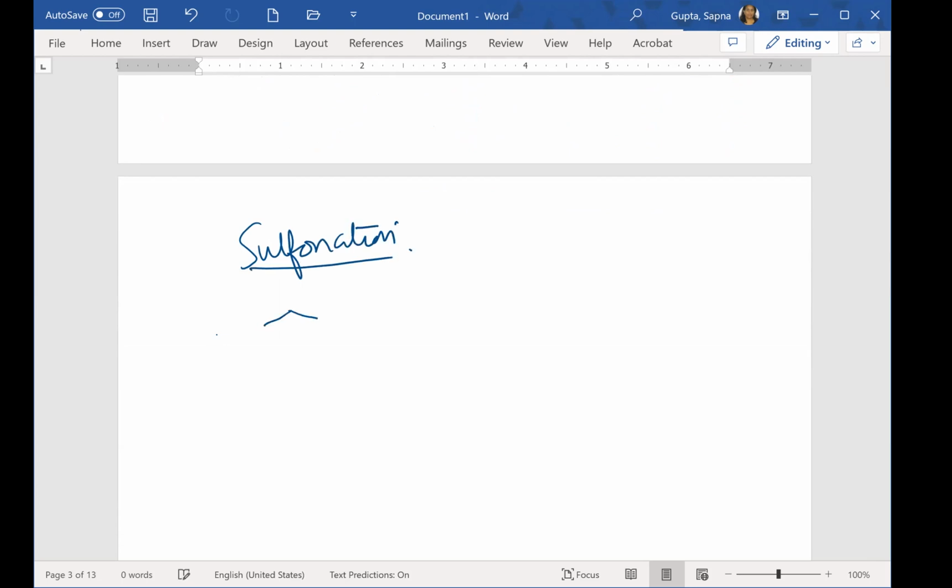Sulfonation is interesting because of a couple reasons. Number one, it's all in equilibrium. That's one interesting thing about this, because usually we don't do reactions in equilibrium, right? So then here is the sulfur trioxide. The sulfuric acid here, you saw that I wrote SO3 and then H2SO4. Now, sulfur trioxide is a gas, actually, and what happens is that you don't really get sulfur trioxide.